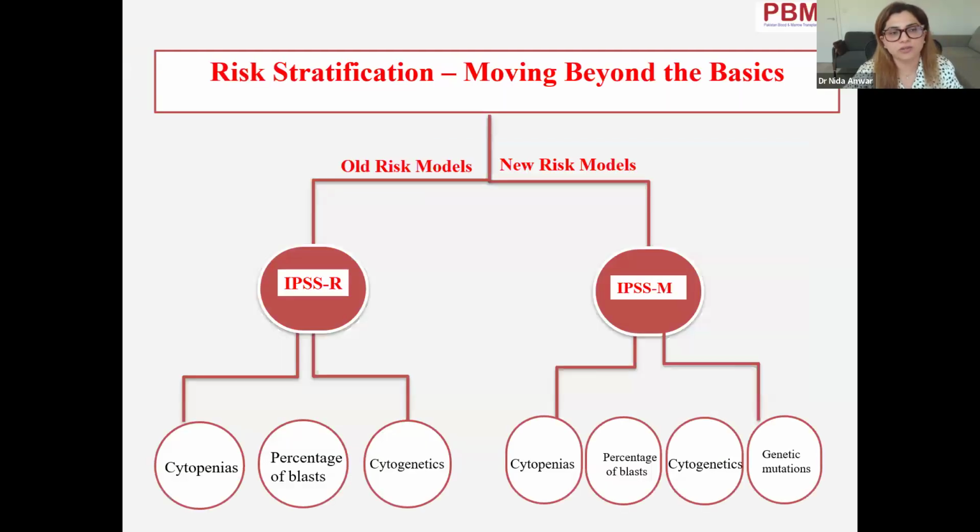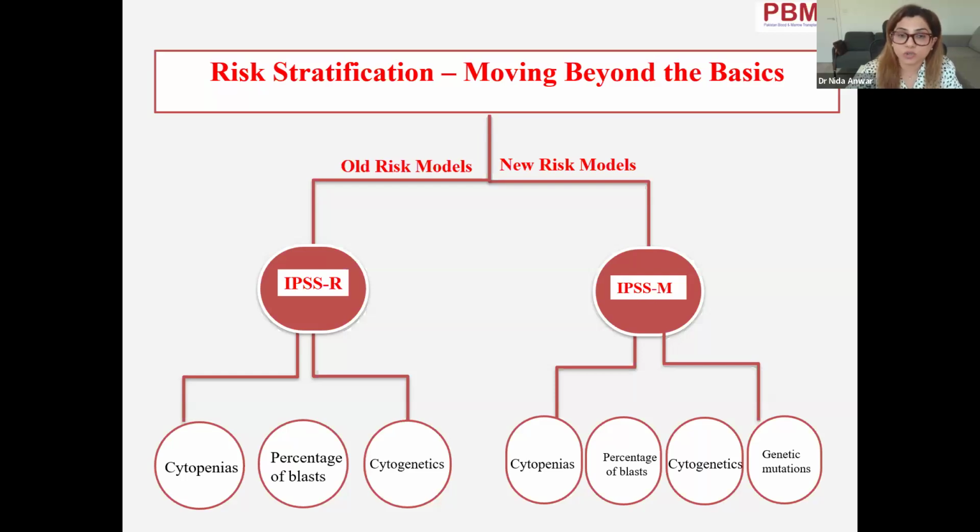Coming to the risk stratification of the myelodysplastic syndromes, it involves the conventional risk models like IPSS and IPSS-R, which incorporate the peripheral blood cytopenias, percentage of blast cells, and cytogenetics, with IPSS-R involving more depth of the cytopenias and more refined cytogenetic categories, thus characterizing myelodysplastic syndromes into very low, low, intermediate, high, and very high, as compared to IPSS, which stratified MDS into low, intermediate 1, intermediate 2, and high.